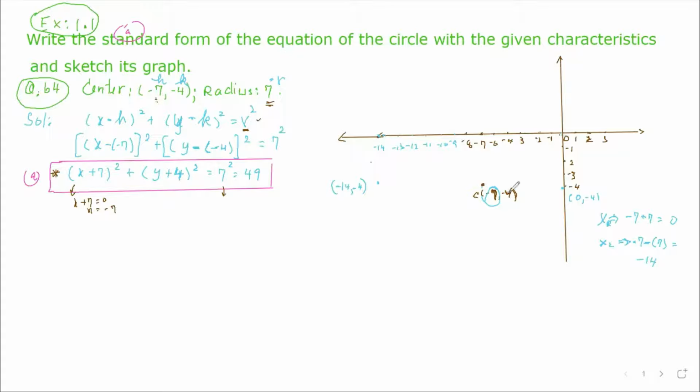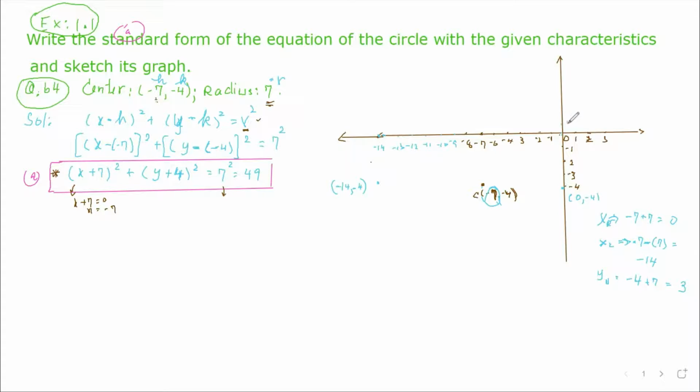Okay, now we go to the value of y. Right now y is negative 4 here, right? This one negative 4. Then when you lead up for 7, radius equal to 7, so you have for the y, when you lead up to the top, right? So that means y is negative 4 here, see that? Then you have to plus the radius, so it becomes 3. So that means y is going to be at 3, right? So you have to count, y is going to be at 3.